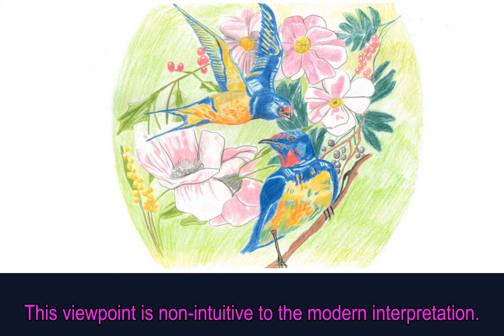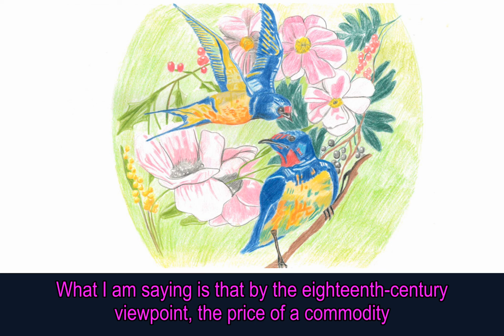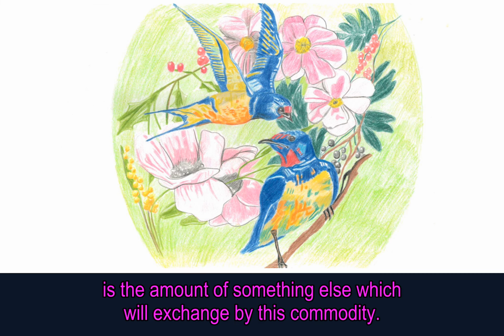This viewpoint is non-intuitive to the modern interpretation. What I am saying is that by the 18th century viewpoint, the price of a commodity is the amount of something else which will exchange by this commodity.